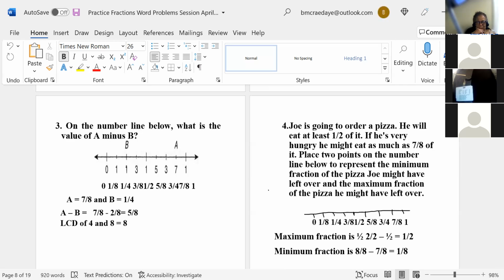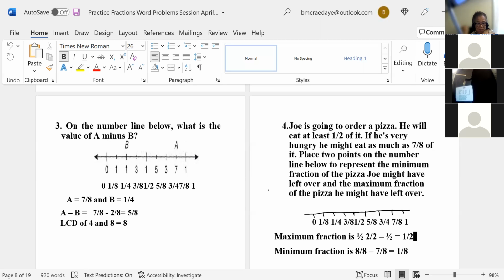Well, once Maureen said the minimum, that's based on him eating more of the pizza than the 1/2. 7/8 is bigger than a half because a half is 4/8, right? So if he ate as much as 7/8, the minimum he'd have left is an eighth. 7/8 from 8/8 is 1/8.